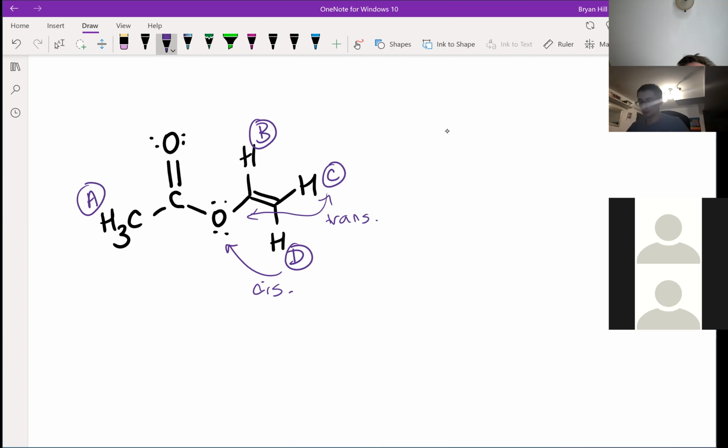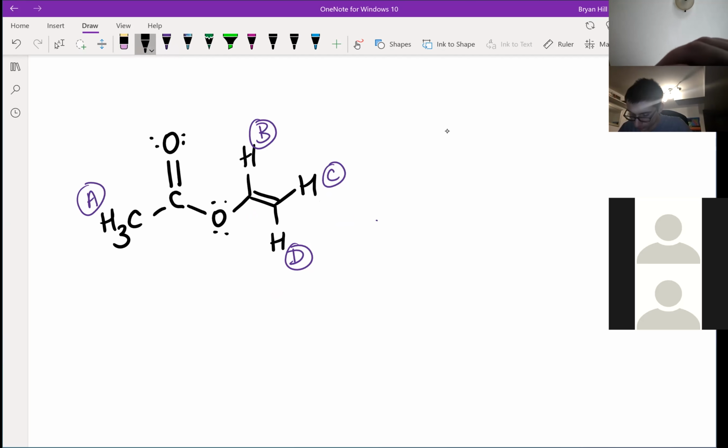So they all have a different spatial arrangement with the oxygen, which means they have a different spatial arrangement with each other. So they would not be chemically equivalent.